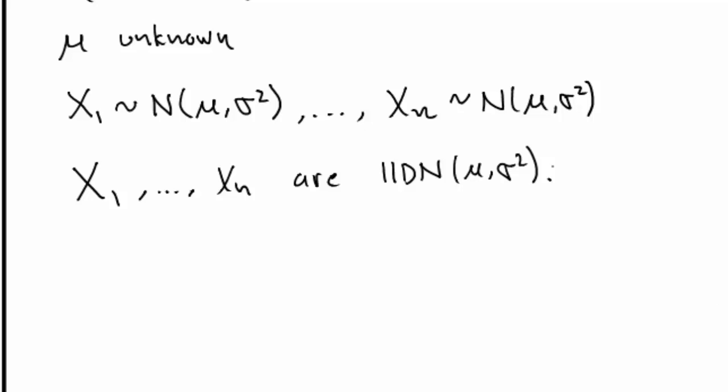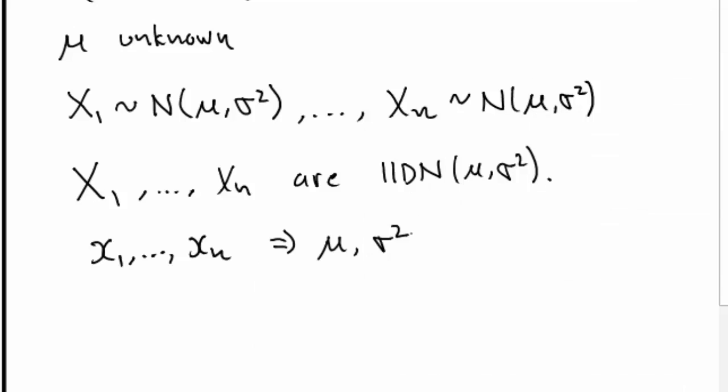Each one follows a normal distribution with an unknown mu and an unknown sigma square, and so they are identically distributed. The purpose of statistics is then to use the observations to make educated guesses, or estimates as we call it, of mu and sigma square.